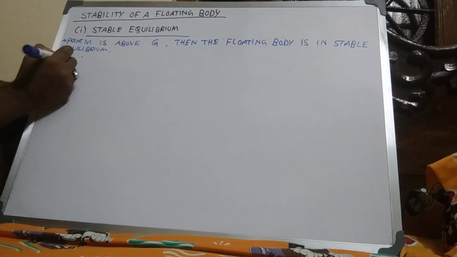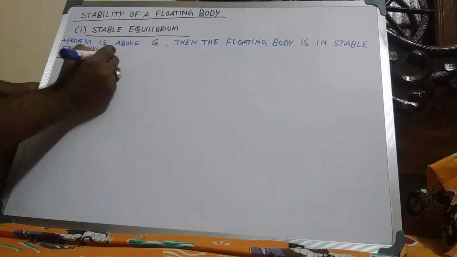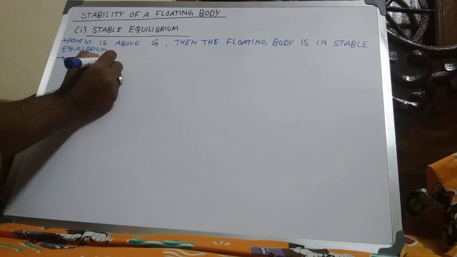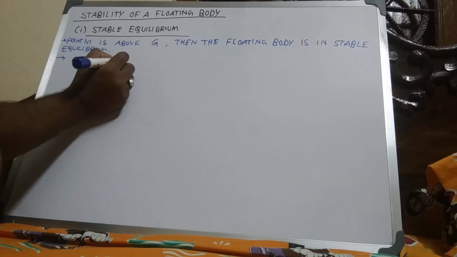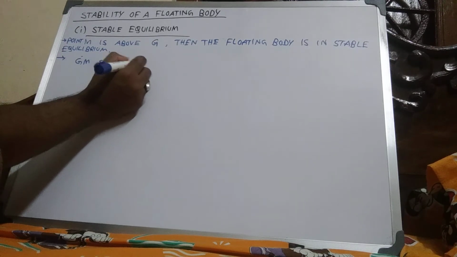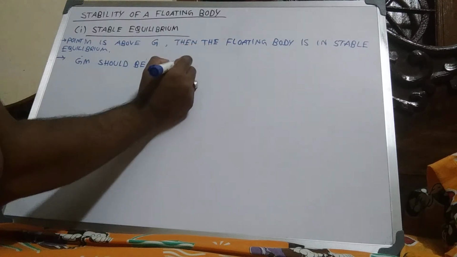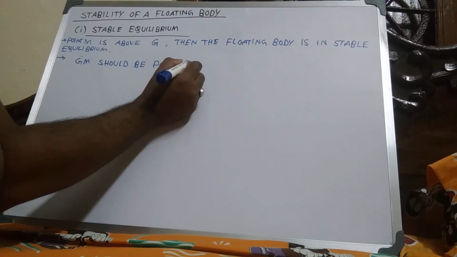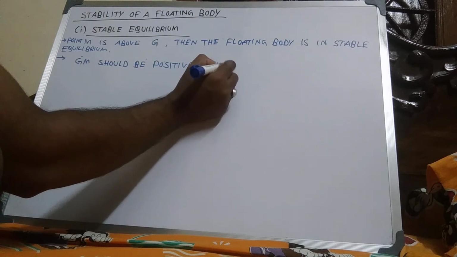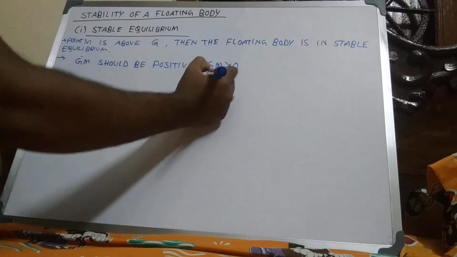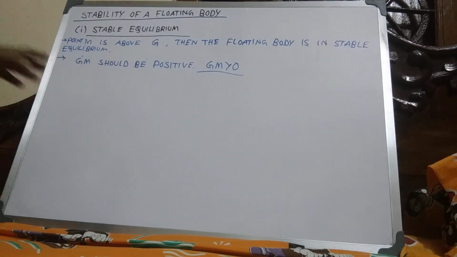And another point is that GM, the metacentric height, should be positive, or GM greater than 0.